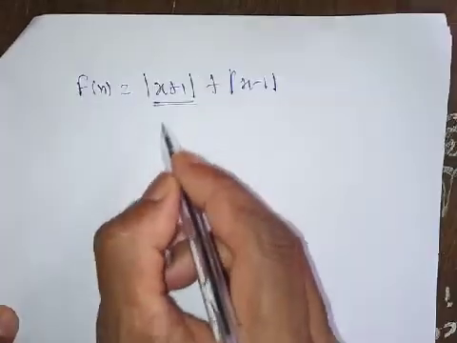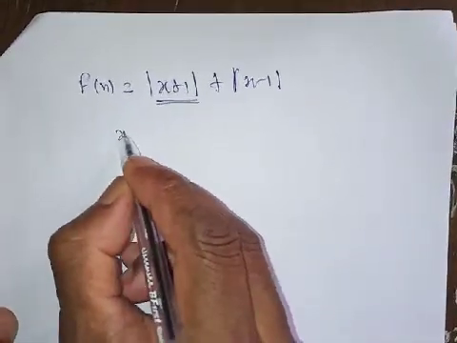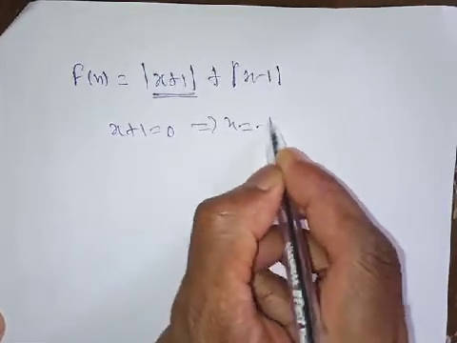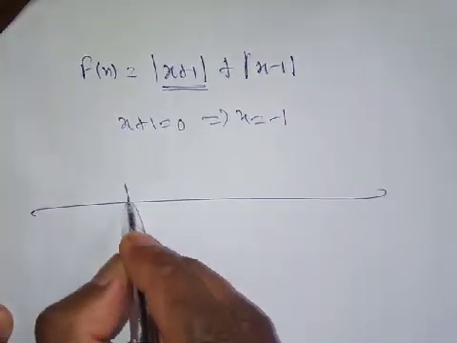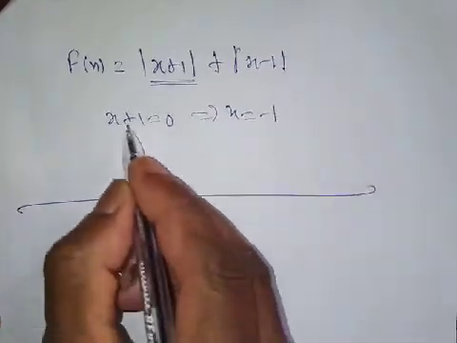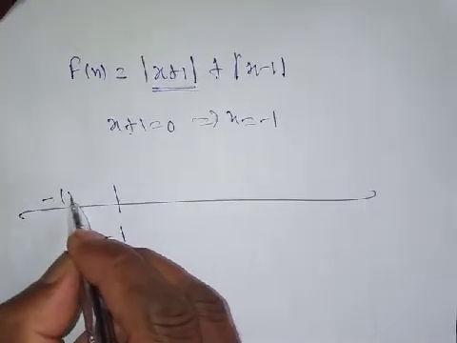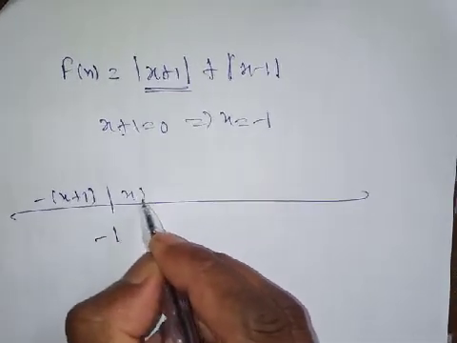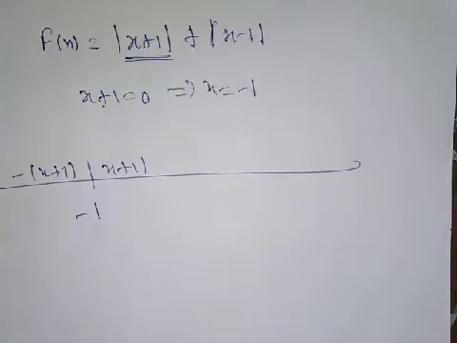So this will be equal to 0. If I say x plus 1 is equal to 0, this implies x is equal to minus 1. If you say minus 1, so what will be here? Minus x plus 1. Here will be x plus 1. Is it? Okay.